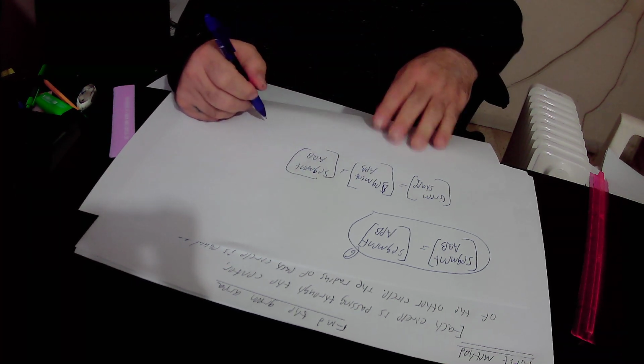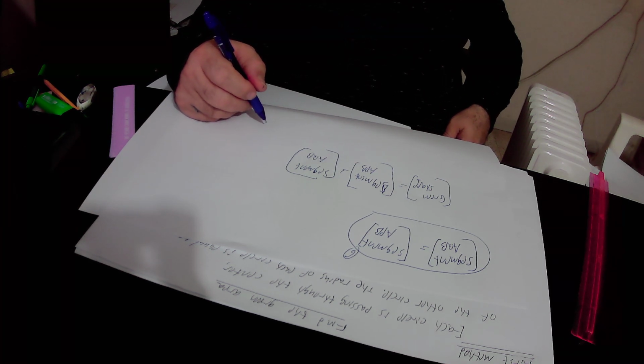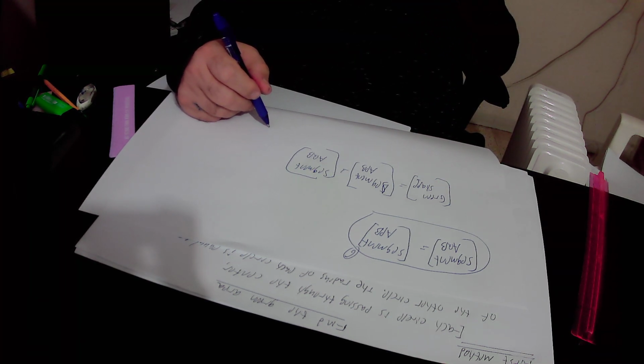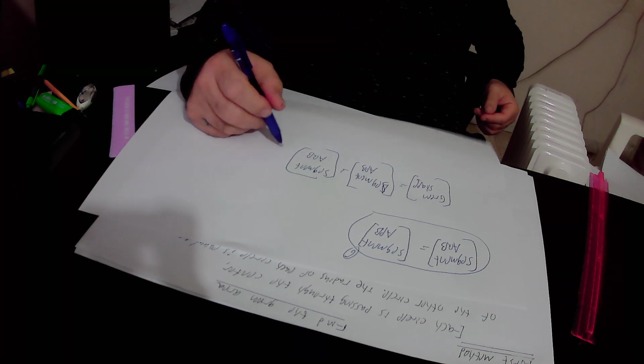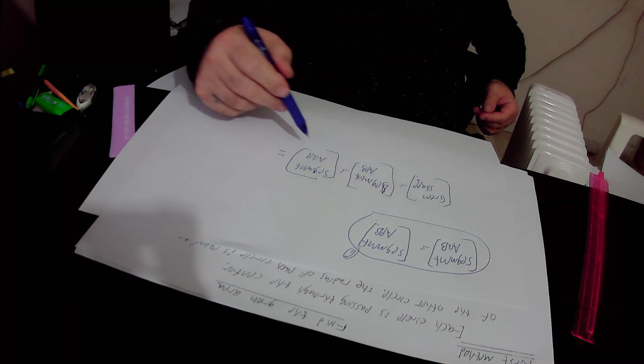But because the area of segment APB equals the area of segment AQB, we can substitute the area of segment AQB by the area of segment APB because they are equal to each other.